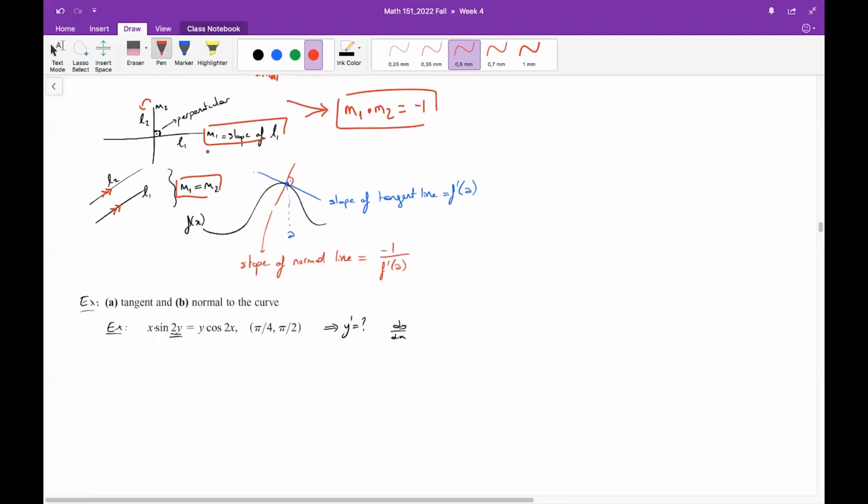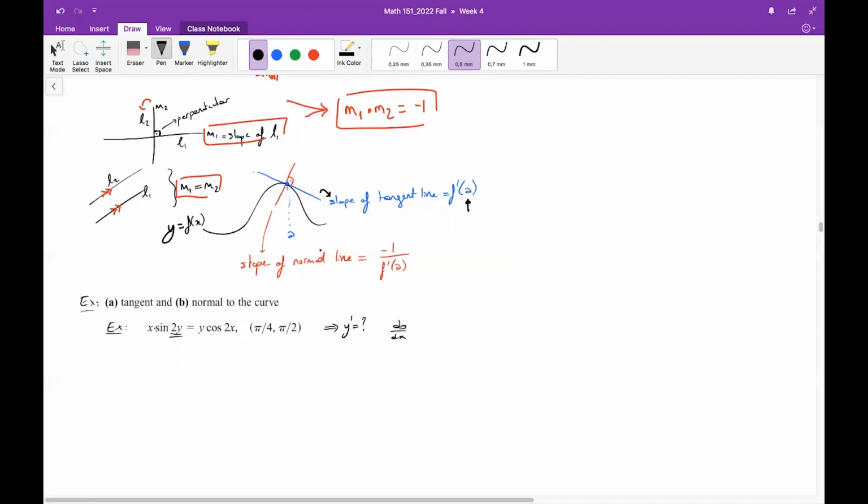So look at this figure again to clarify things once more. This is our function y equals f of x. At any point, let's say at the point A, you can draw this tangent line, and you can talk about the slope of it. As we know before, the slope of the tangent line is given by the first derivative of your function, and you evaluate the first derivative at the given point here. Then what happens to the slope of this normal line?